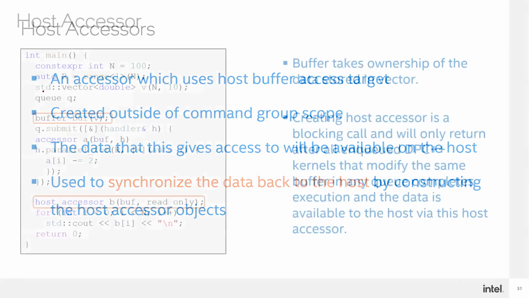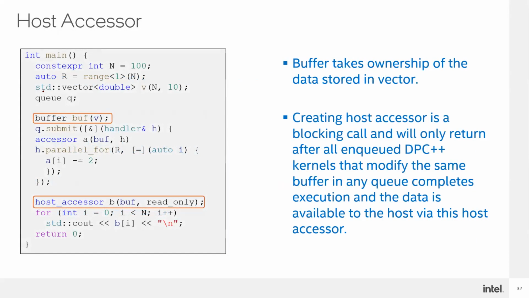Now, what is the host accessor? You have seen that when we create an accessor inside the command group, it allows us to access the data inside the kernel, like in this case, right? But if we create an accessor in the application scope and not in the command group scope, then we are blocking the execution.